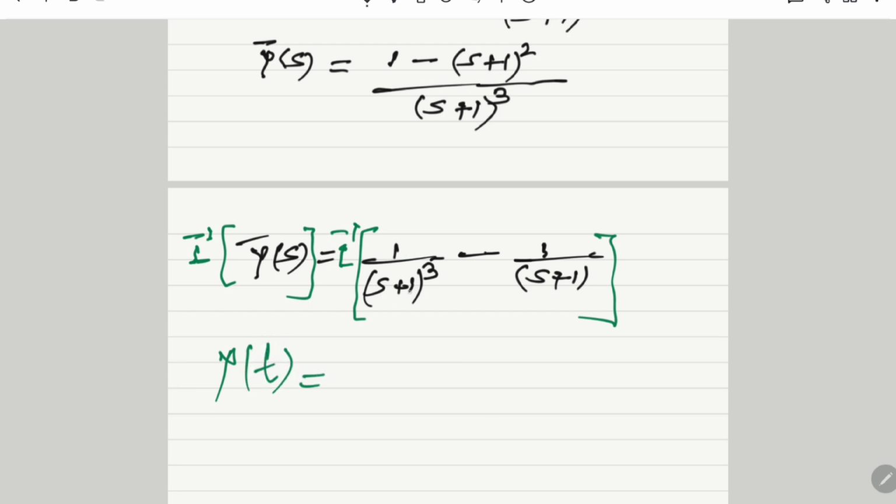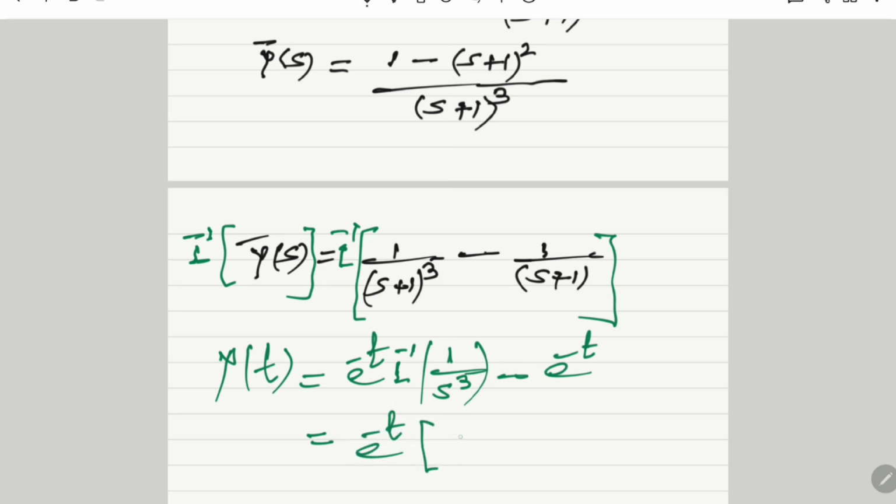Inverse of 1 upon s plus 1 whole cube, by the shifting theorem, is e raised to minus t inverse Laplace of 1 by s cube, minus inverse of 1 upon s plus 1, which is e raised to minus t. And therefore it is e raised to minus t.